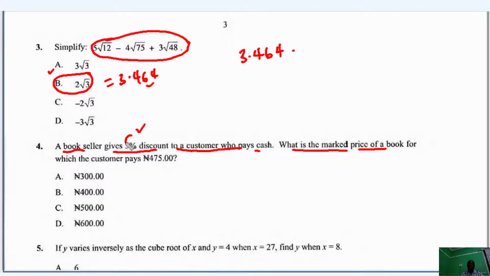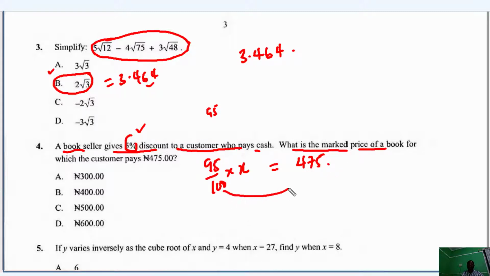With a 5% discount, the person will now pay 95%. So it will be 95 over 100 times a particular amount, the marked price, which will give us 475.